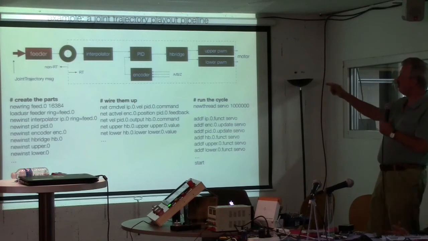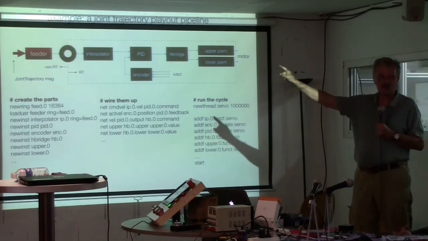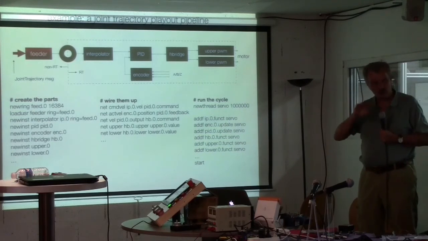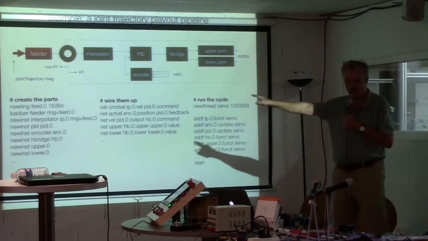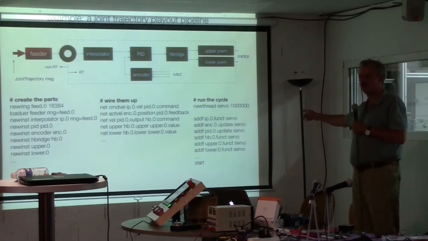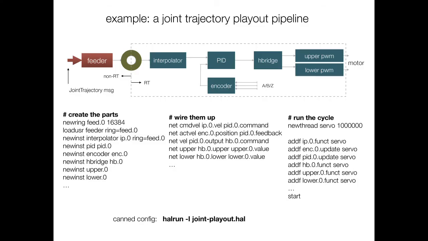Now, how you do that: each of these components exports the pins, we talked about there, we wired them up here, and they also export processing functions. For those of you who program, that's a named callback in the component.